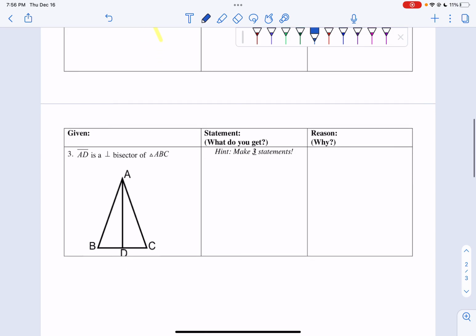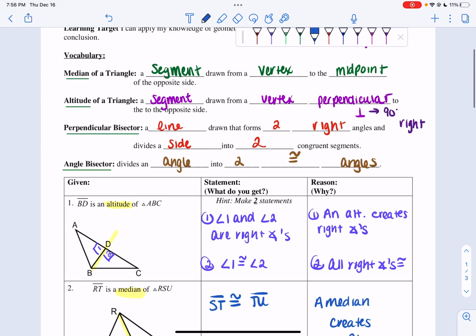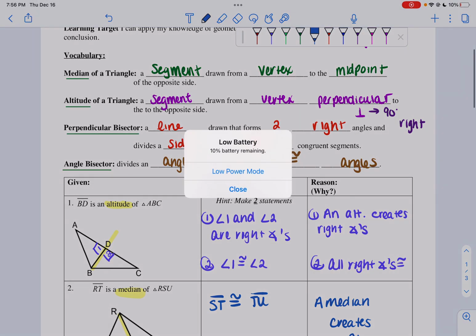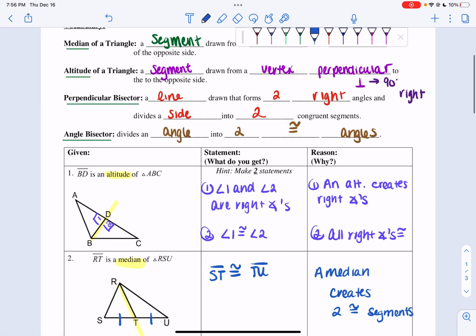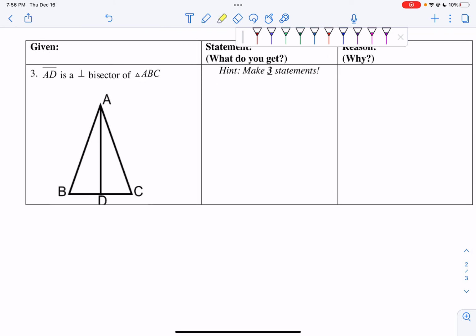Number 3, AD is the perpendicular bisector of triangle ABC. Well, if we remember, a perpendicular bisector is a line that's drawn to form two right angles and divides a side into two congruent segments. So let's focus on the perpendicular real quick. Whenever you see perpendicular, what do I want you to think of? 90-degree angles.